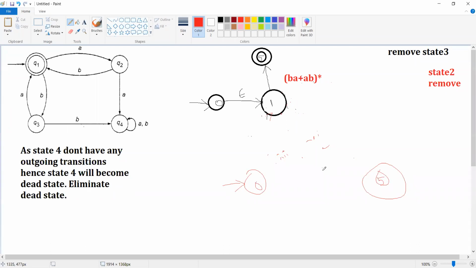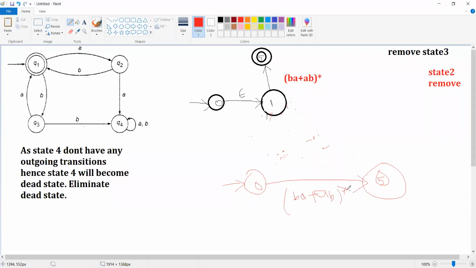When you do the multiplication, epsilon into this results in (BA plus AB) whole star. Now, this is what our regular expression is going to be.